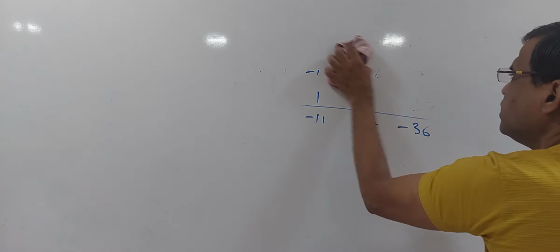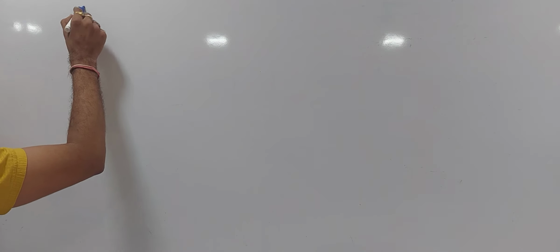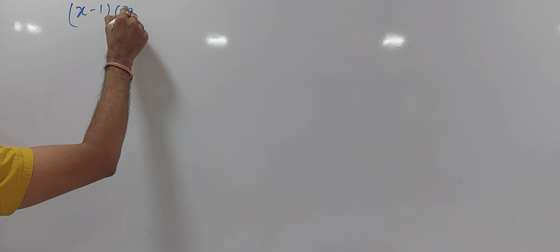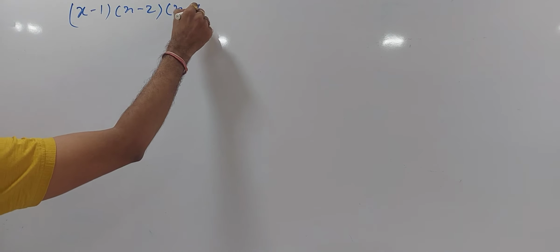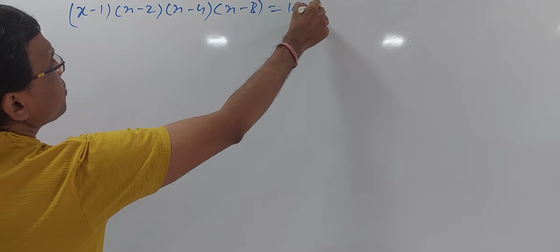Now I will take one more example here, because these are all very big examples and will take lots of time. This example again came in CAT, and it came in JEE Mains a few years back. So let me take that example: x minus 1, x minus 2, x minus 4, x minus 8 is equal to 10x square.